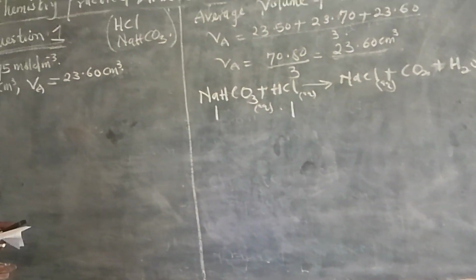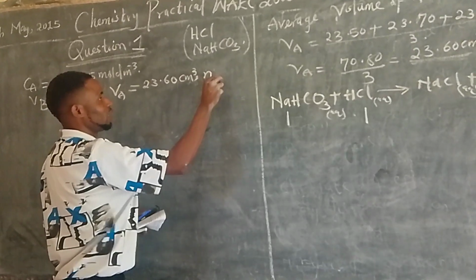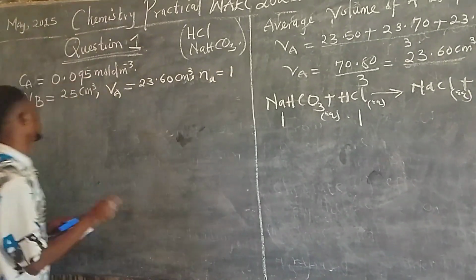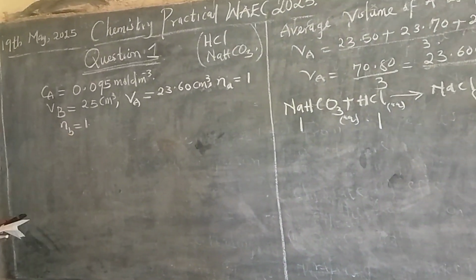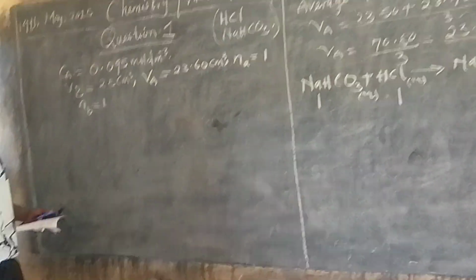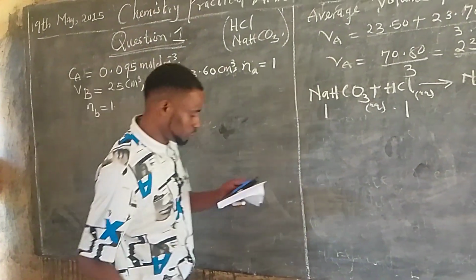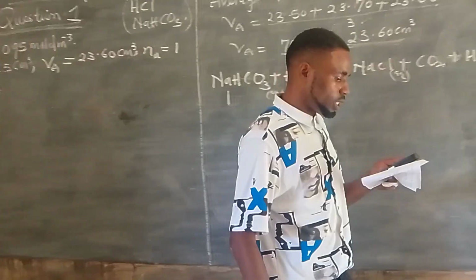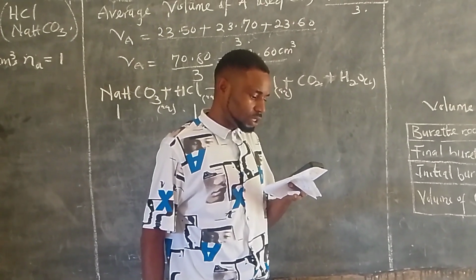Now, the mole ratio between the acid and the base is 1:1, as you can see. So our Na is 1, then Nb is 1. This is the mole ratio of acid, which is 1. The mole ratio of base is 1. So now let's continue. Now the equation of the reaction involved is this.